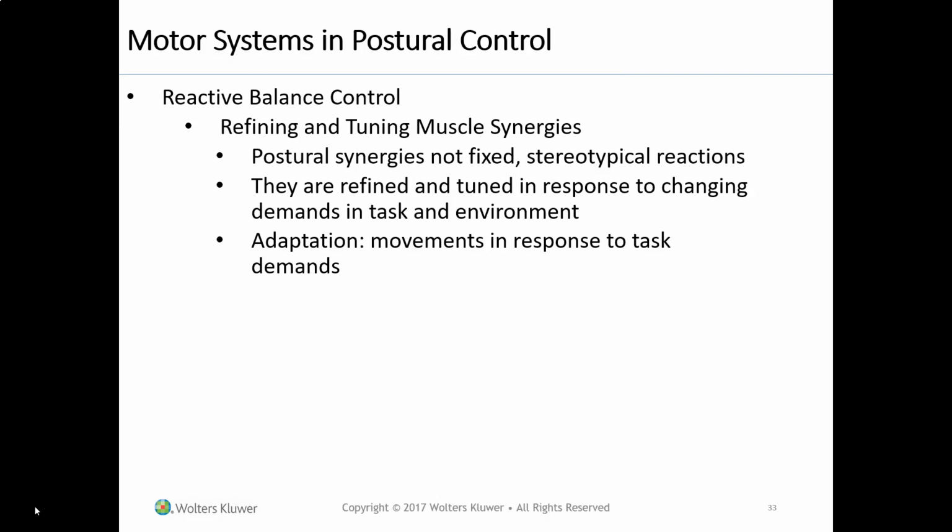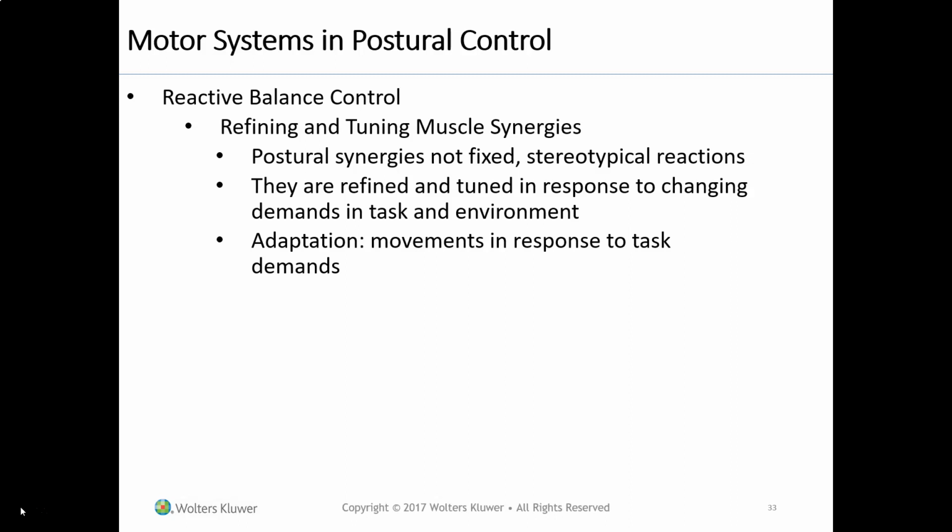Sometimes we can't change a lot of things, but we can fine-tune it and teach them how to react. So what you want to understand when you're working with the neurological patient is that we're not going to fix these postural synergies, but we're going to refine and help them fine-tune them in response to the changing demands in the task and the environment. So that's a key component here.